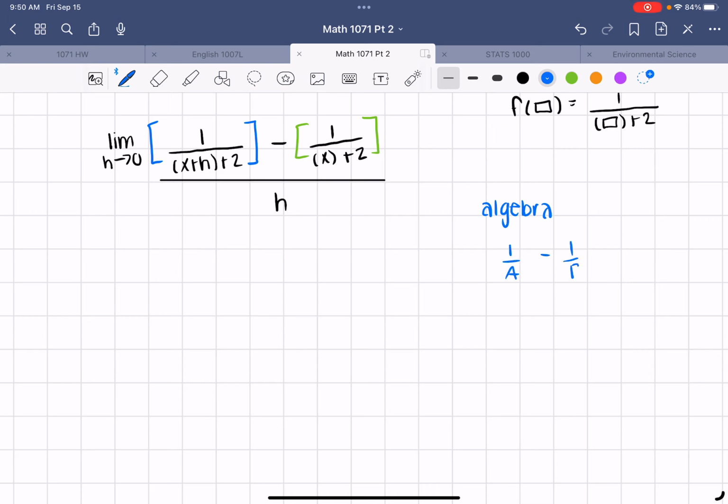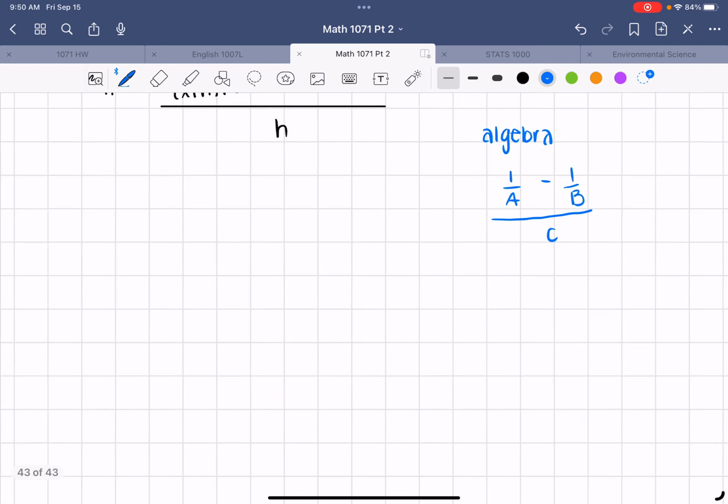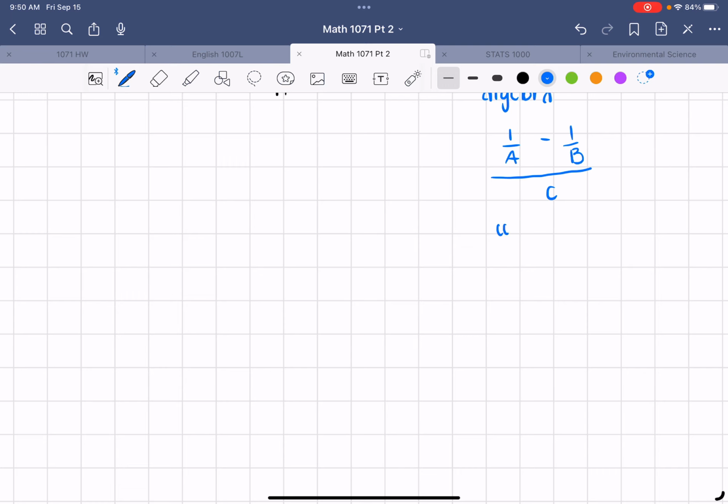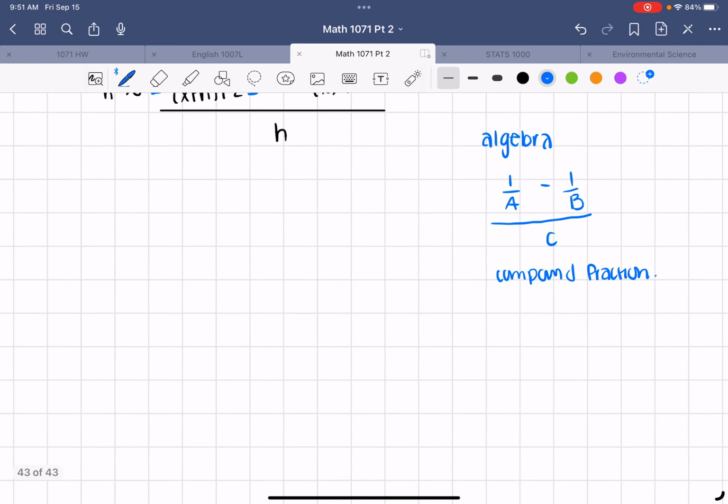The easiest way to simplify a compound fraction is to clear denominators. What that means is multiply top and bottom through by the product of the denominators.